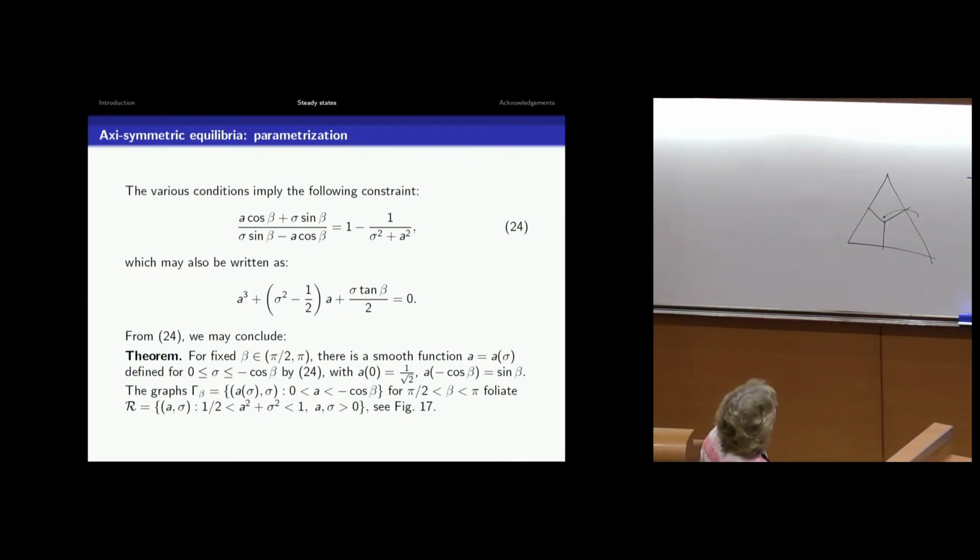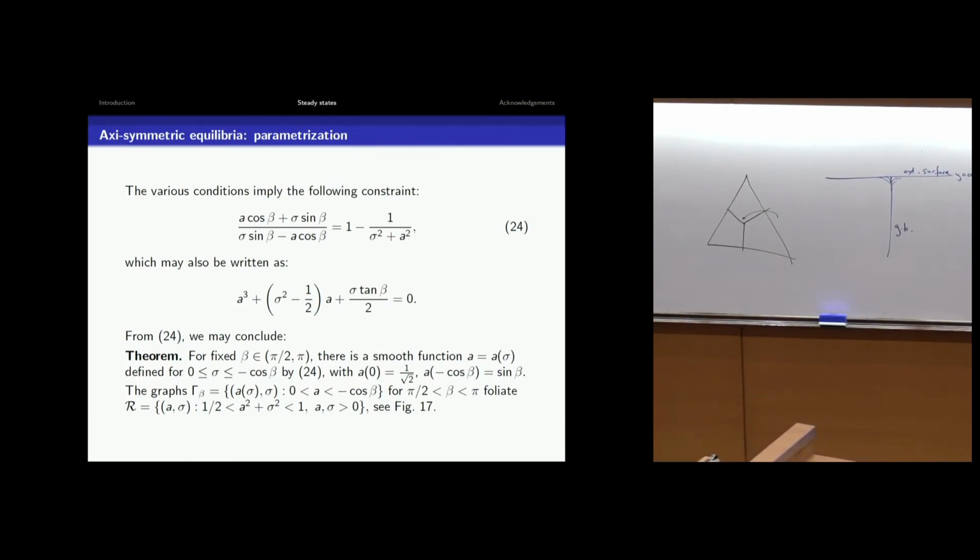A is a function of sigma defined for all sigma between two limits, with endpoints one over the square root of 2 and sine beta, and the graphs of all these for the set of possible beta foliate this region.